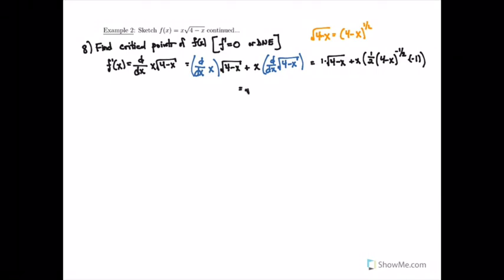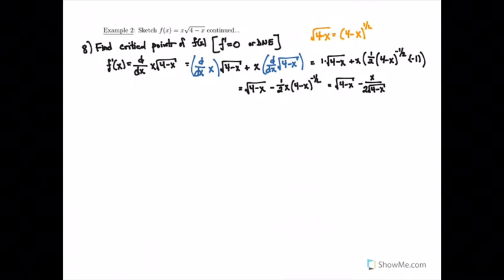Simplifying this derivative, this is going to give us the square root of 4 minus x minus 1/2 x times 4 minus x to the negative 1/2. Or we could write that as square root of 4 minus x minus x over 2 square root of 4 minus x. Whether that's the easiest way of writing it or not, who knows?